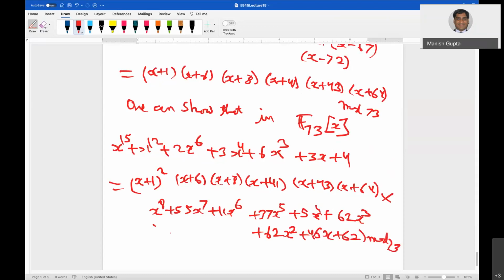So this is an irreducible factor of degree 8. Right, so this is how we do the factorization.